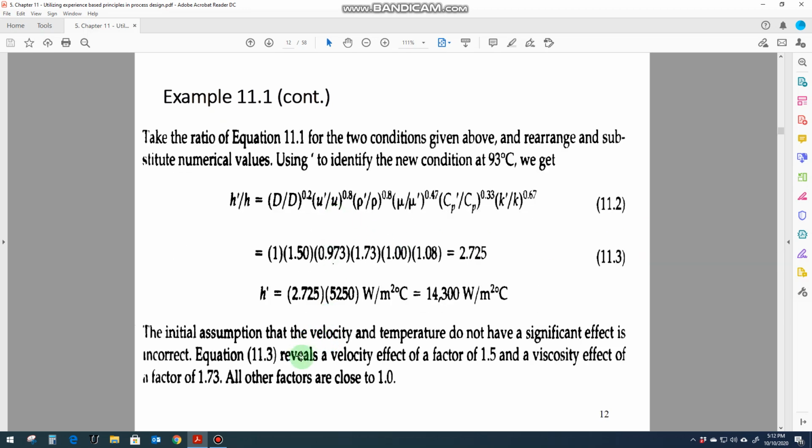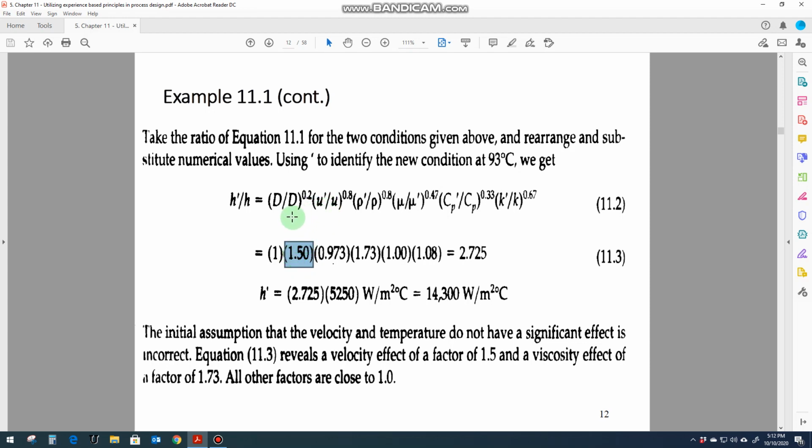If you compare these values here, like for the velocity, if you make the ratio here and solve this one, the value will be equal to 1.50, which is greater than 1, very much greater than 1. So the heat transfer coefficient can be affected by the velocity. So that's why our assumption is wrong.